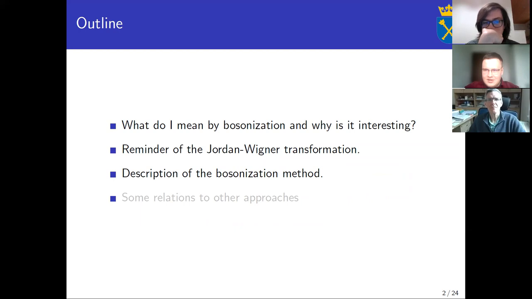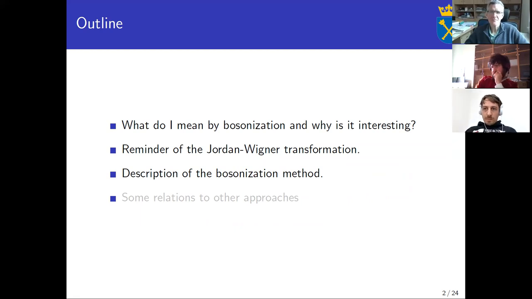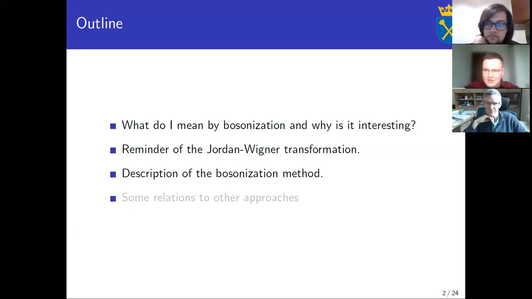So this is the outline of my presentation. First I want to explain and motivate what I'm going to talk about, and then I would like to remind you about some certain ancient technology called the Jordan-Wigner transformation, after which I will move on to the bosonization method that I worked on, and perhaps at the end I will speak very briefly about some other approaches to bosonization that have been developed relatively recently.